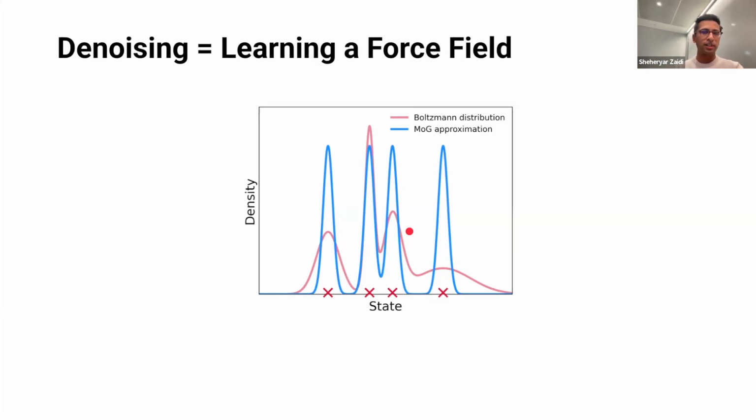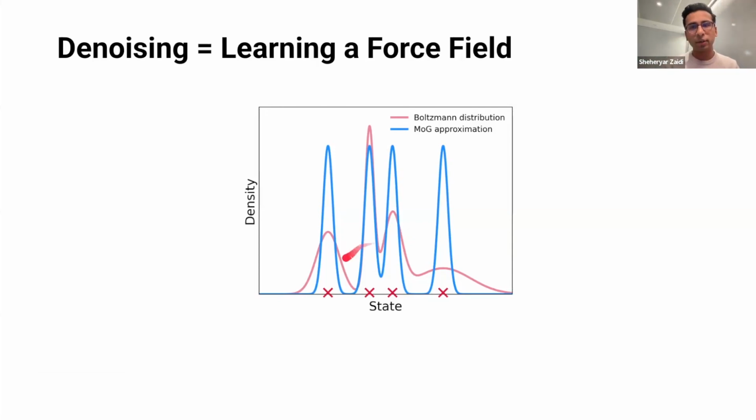So this was a way to understand what denoising is actually doing. How can we interpret the denoising objective in the world of molecular structures? And of course, the hope is that once you have this interpretation, you can do better if you know something about the curvature of each of the modes, for example. Then you can weight the different Gaussians or vary their width to get a better approximation of the Boltzmann distribution.